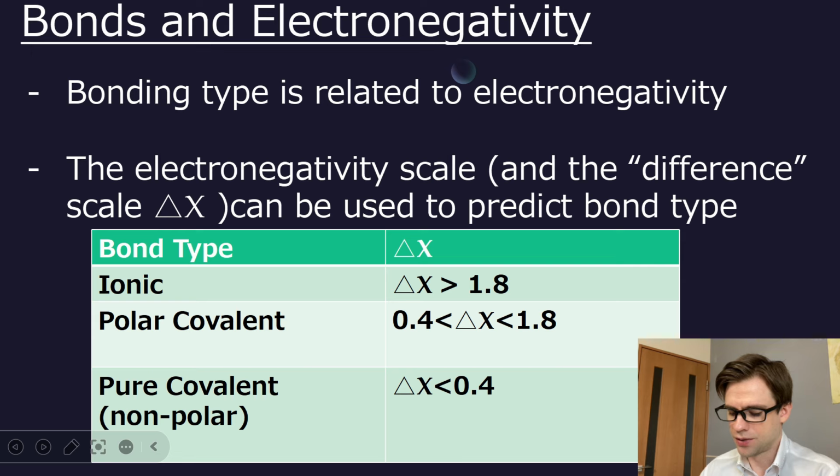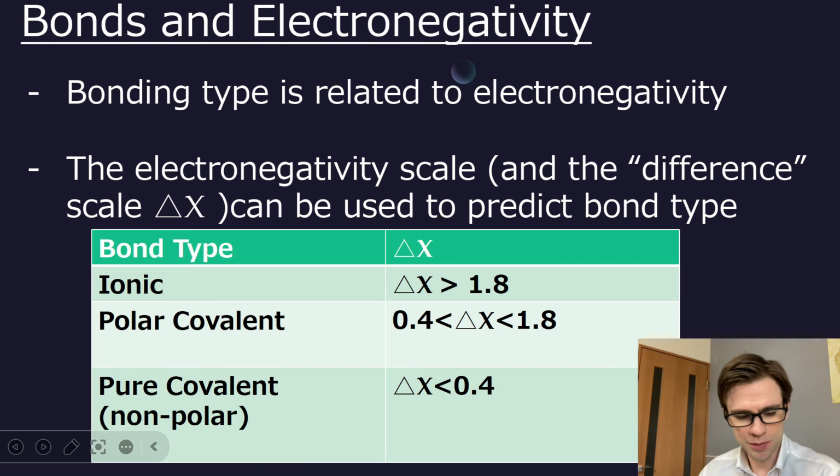And then if we have a difference of less than 0.4 or around 0.4, we'll call that non-polar or pure covalent. So in this case, one atom really doesn't take the electron or the pair of electrons closer to itself. It really is shared quite evenly between the atoms.